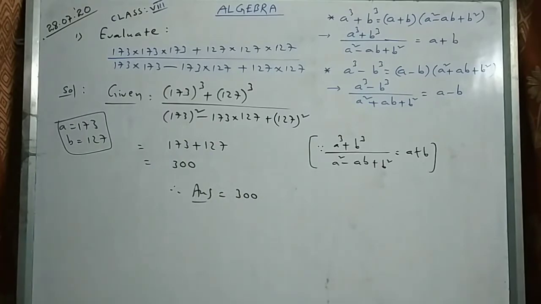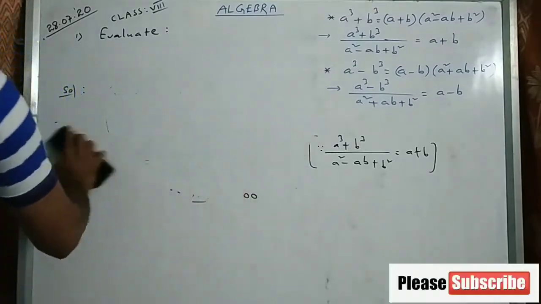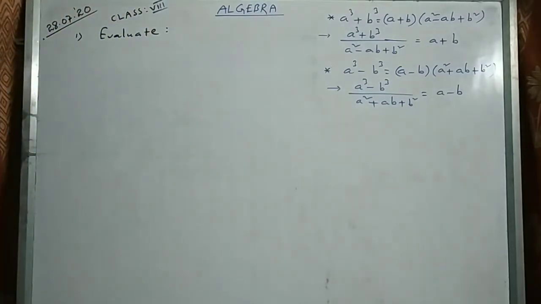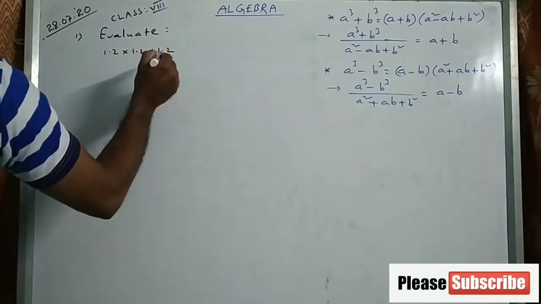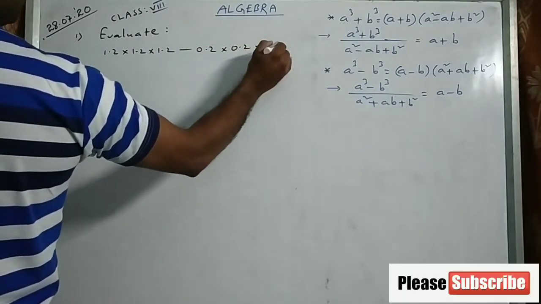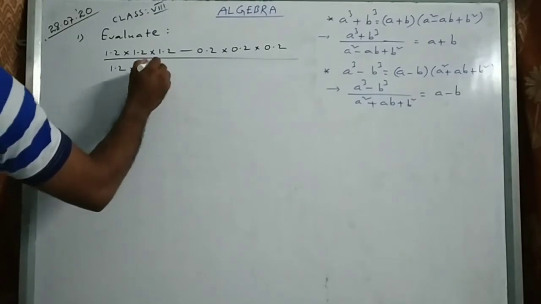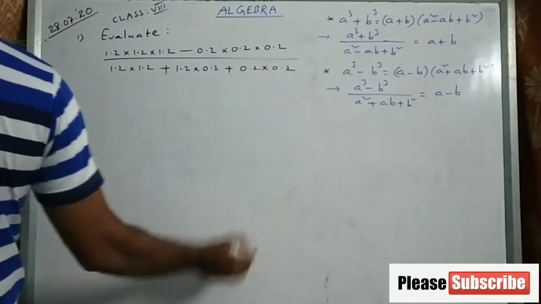Okay. Next. Next one. 1.2 into 1.2 into 1.2 minus 0.2 into 0.2 into 0.2 upon 1.2 into 1.2 plus 1.2 into 0.2 plus 0.2 into 0.2.